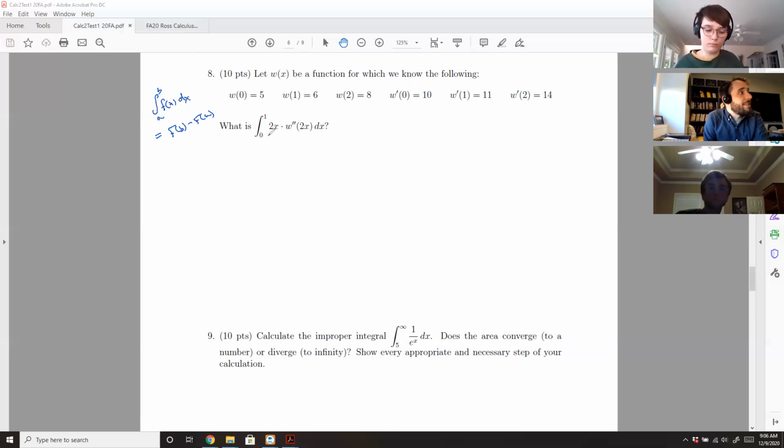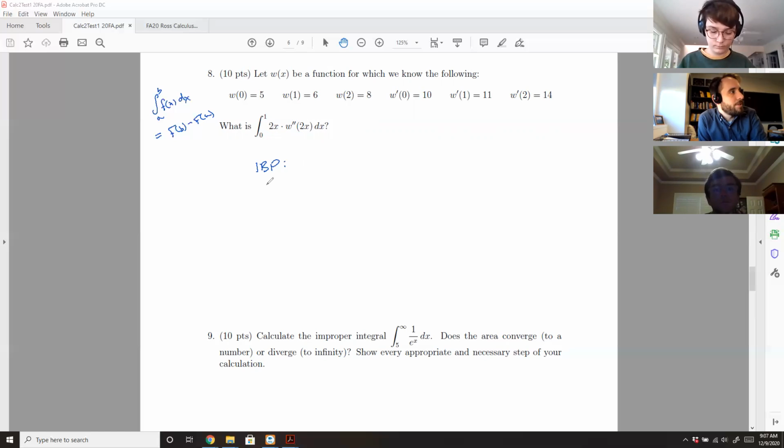We notice that this is a 2x times an unknown expression, and so we might want to use integration by parts here. Let's give that a try. So using integration by parts, this is, again, of the form polynomial times unknown. So we might try to shrink the polynomial, and then we'll figure out how to deal with the unknown as we go.